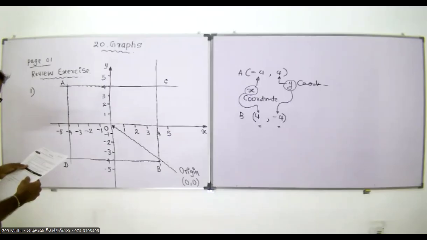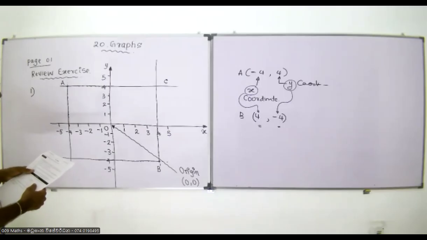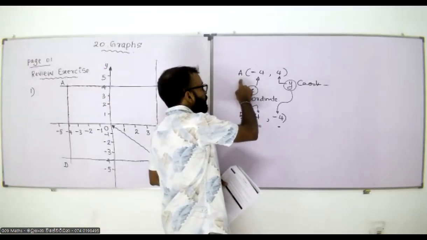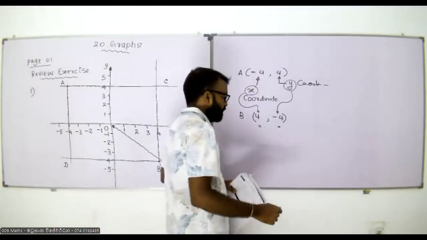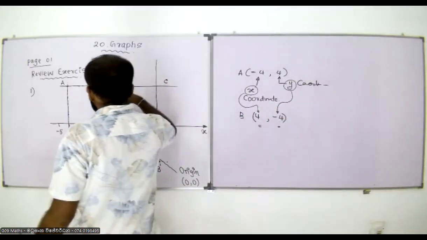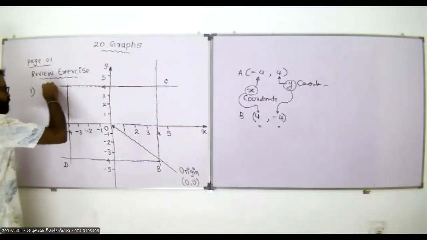Alright. Did I do anything wrong? Sorry, I have done something wrong here. A is (-4, -4). None of you told me.